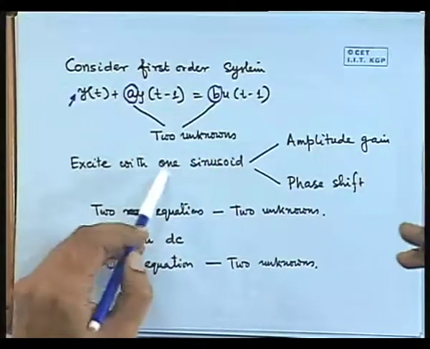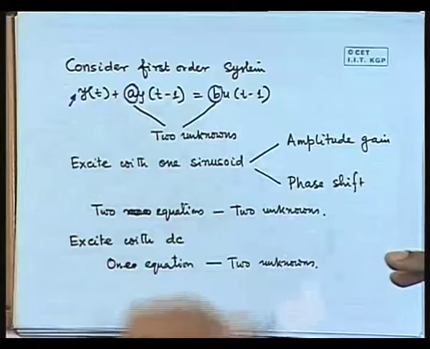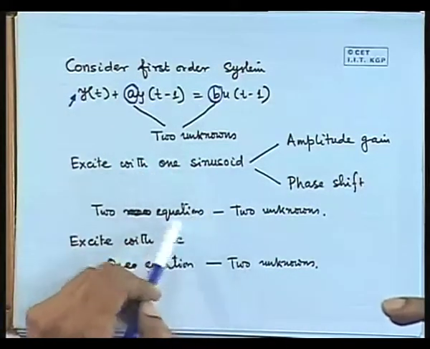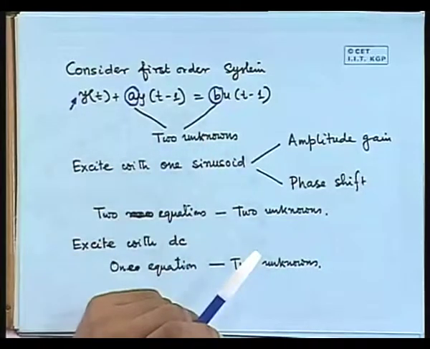So you are basically making two measurements: one is the amplitude gain, and the other is the phase. Now you will try to fit it. You will find a formula in terms of A and B of the gain, and a formula in terms of A and B of the phase. So you have two equations and two unknowns, so you will solve. That is how you will get A and B.